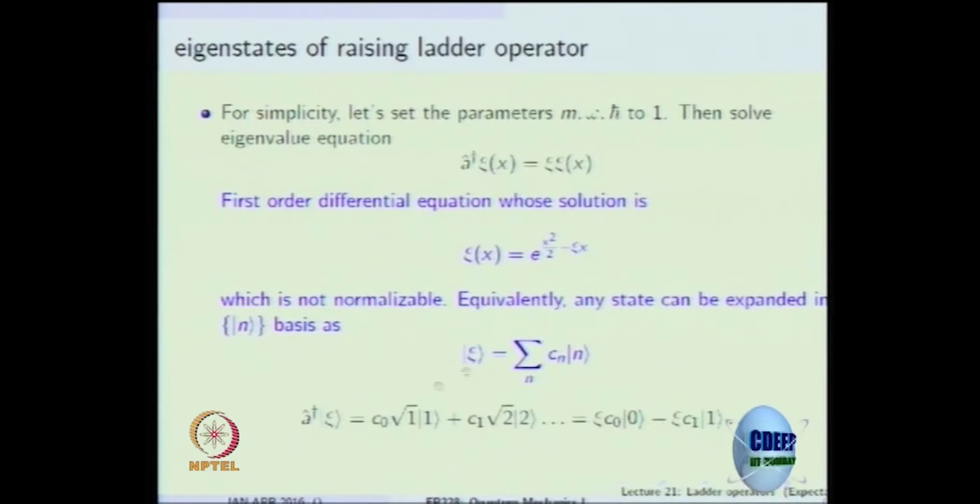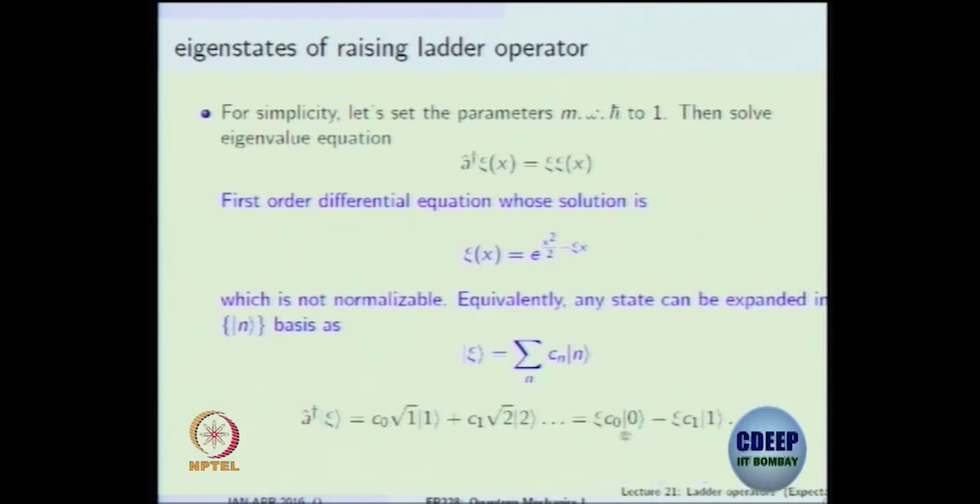Now you compare. It's a complete set of bases, 0 to n, 0 to infinity in fact. When you compare, there is no zero ket on the right hand side, there is no analog here. The only way you can make both match is to put the C0 coefficient to be 0.